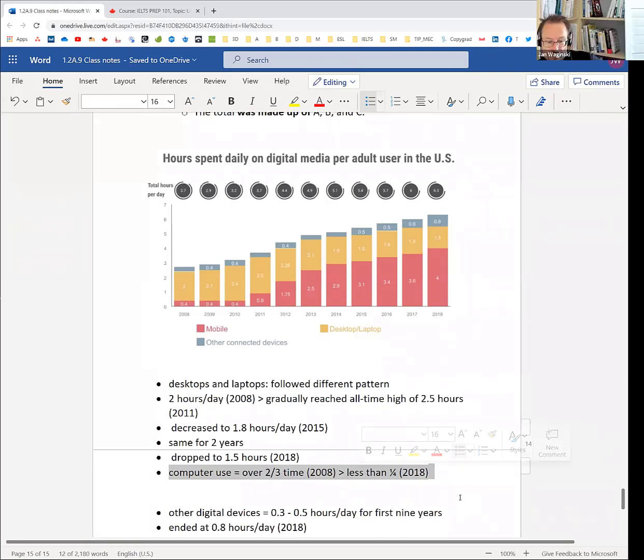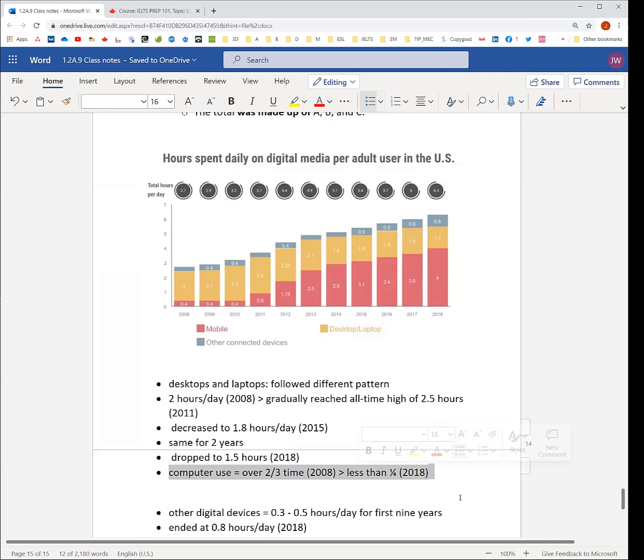Computer use, which constituted over 2/3 of the time that Americans spent on digital media in 2008, dropped to less than 1/4 of the time spent in 2018.